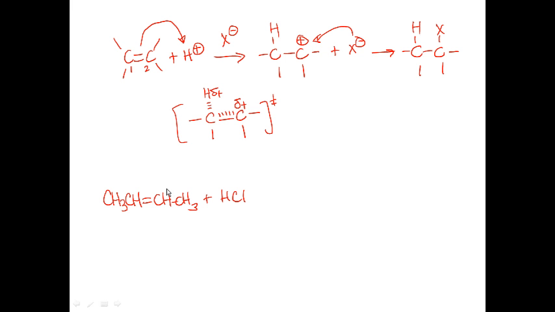I'll make it a little more complicated with an unsymmetrical alkene here in a moment. But I would take this pair of electrons and then use it to bind the H+. So the HCl is going to split apart, and we're going to have H+ being bonded to one of these two carbons. So I would go through, let's say, this transition state.